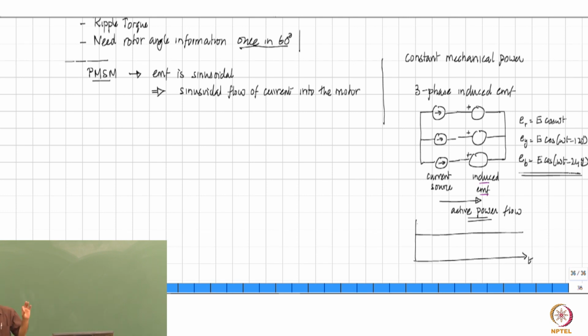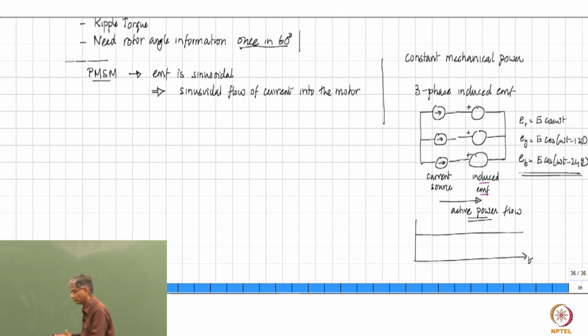such induced EMFs are called balanced induced EMFs, where the magnitudes are all the same, amplitudes are the same, and they are all well defined sinusoids, and they are phase shifted by 120 degrees, right.